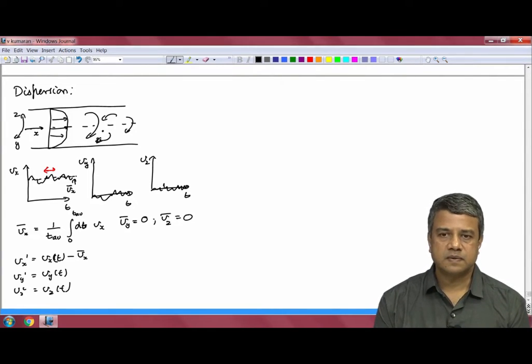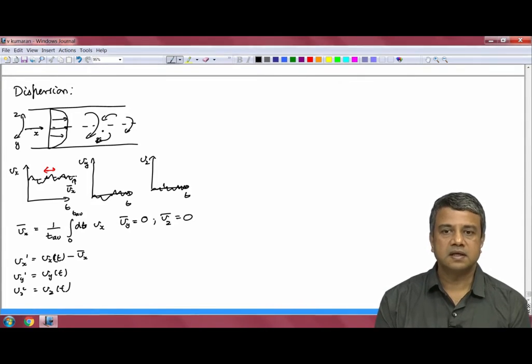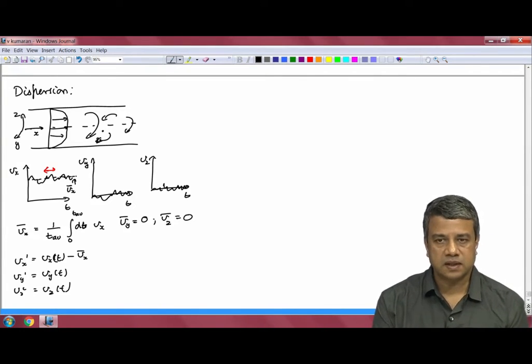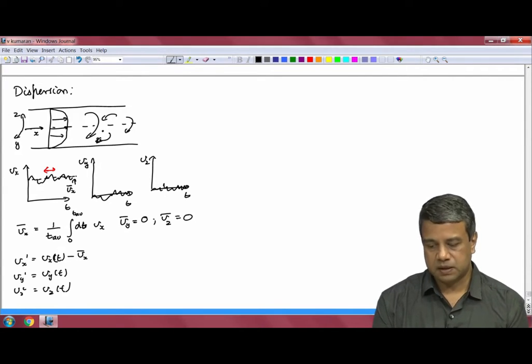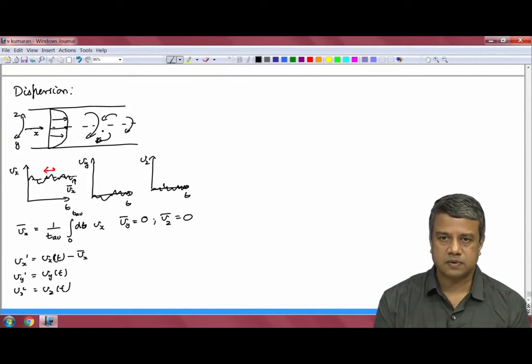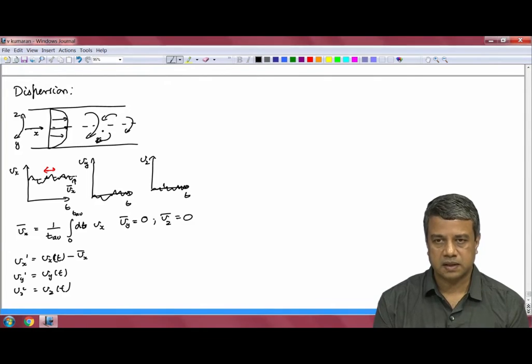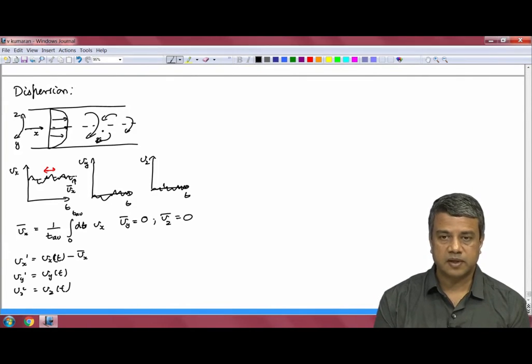Now, the transport of mass, momentum or energy due to the average velocity is the convection due to the average velocity, the average convection. However, the fluctuations can also transport mass, momentum or energy. The transport of mass, momentum and energy due to the fluctuating velocity, which is 0 on average, is referred to as dispersion.